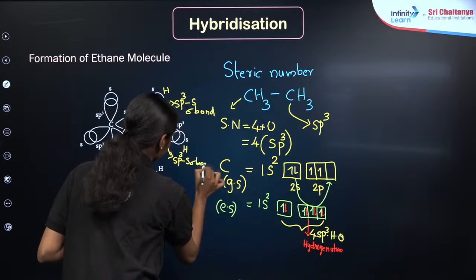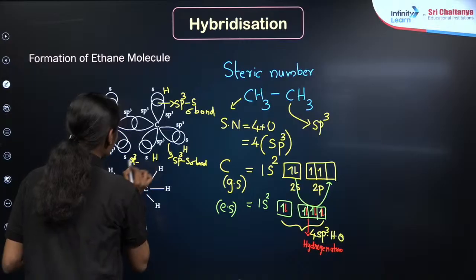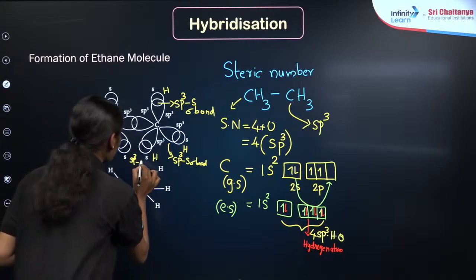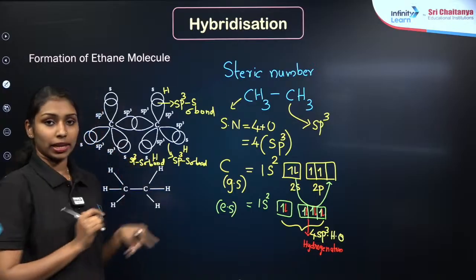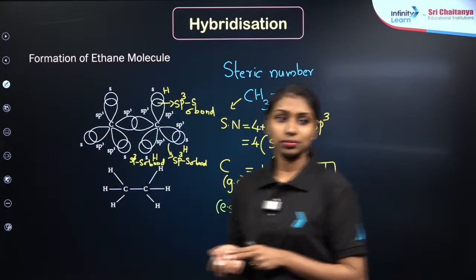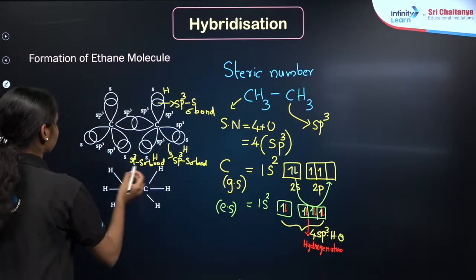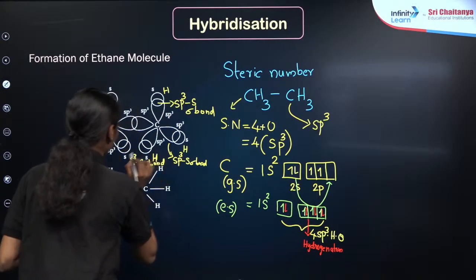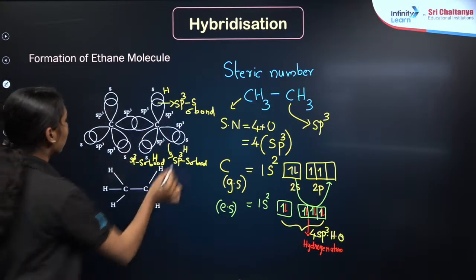Here also an sp3-s sigma bond. Similarly, in total 6 sp3-s sigma bonds are formed here, because axial overlapping is happening here.